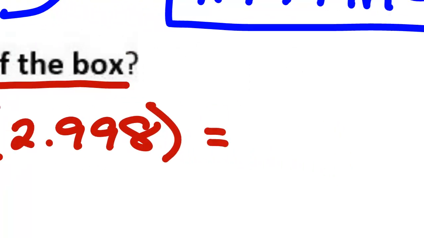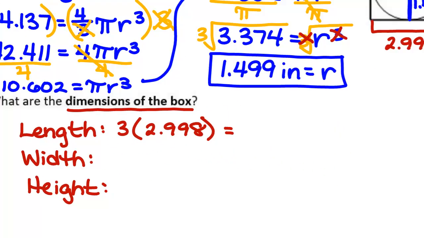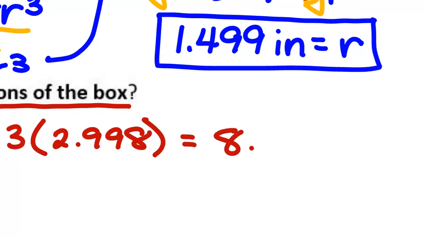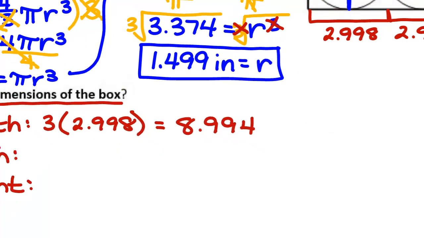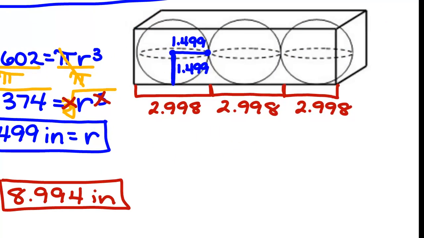And what would we get? 8 point what? You said 994? 8.994 inches. All right, that's the length of the box.